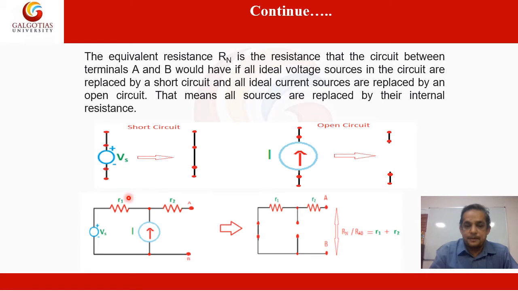So I applied it here: voltage source short circuit and current source open circuit. Now we see that from terminals AB, R1 and R2 are in series. So the value of Norton resistance is R1 plus R2.